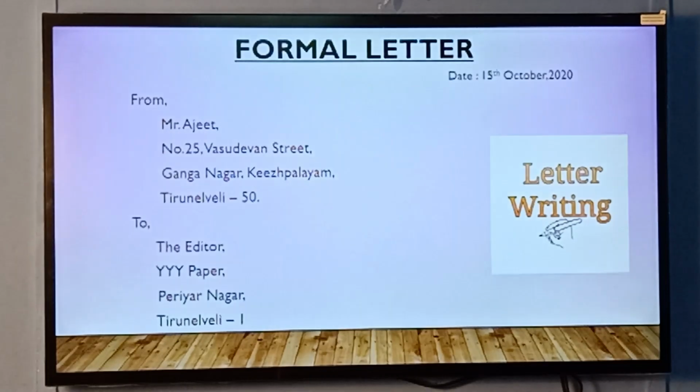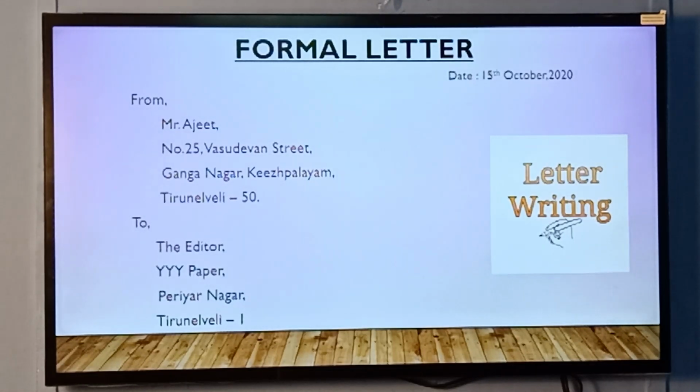Now coming to the answer for the question. As I told you, you have to write the date, 15th October 2020, from Mr. Ajit, number 25 Vasudevan Street, Ganganagar, Kirpalayam, Tirunelveli 50. I have mentioned the name here because it is mentioned in the question, and the city name is also mentioned here because it is given in the question.